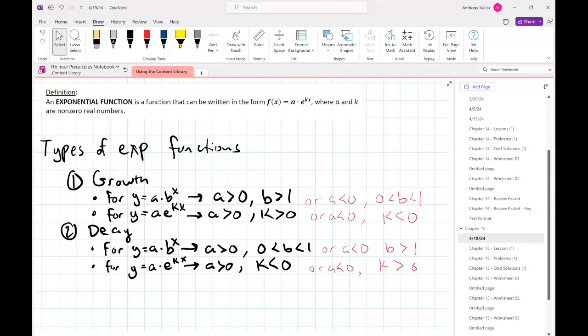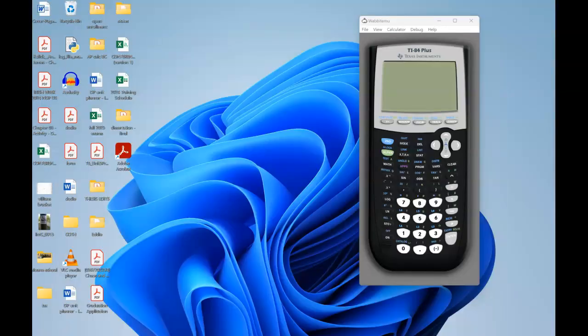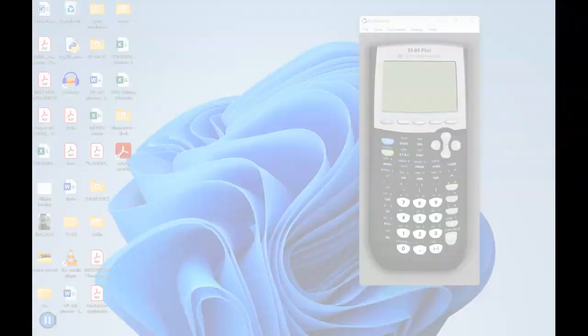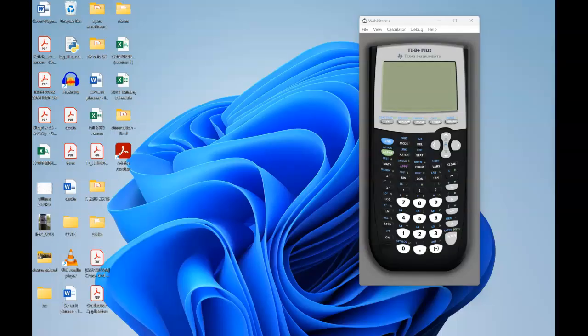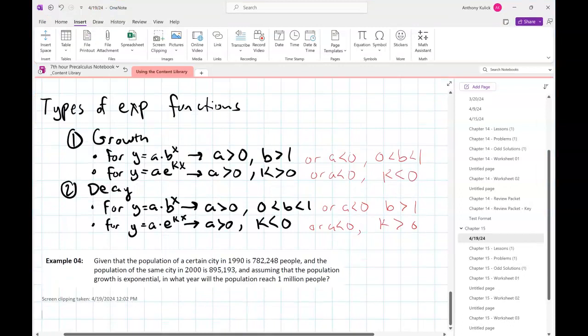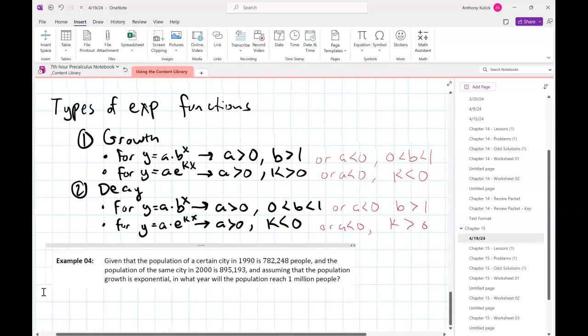So let's look at a couple of examples, and then we can move on to logistics, I think. All right.